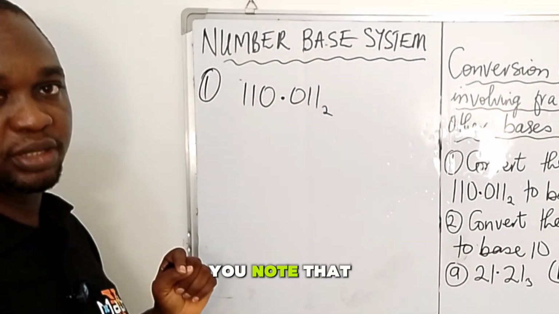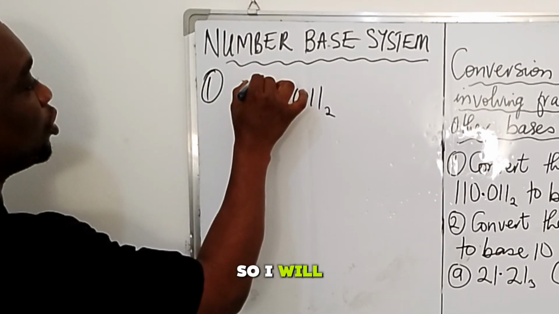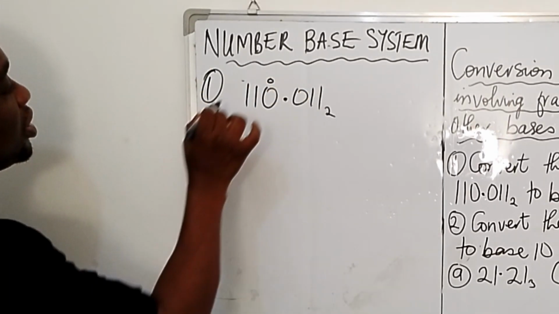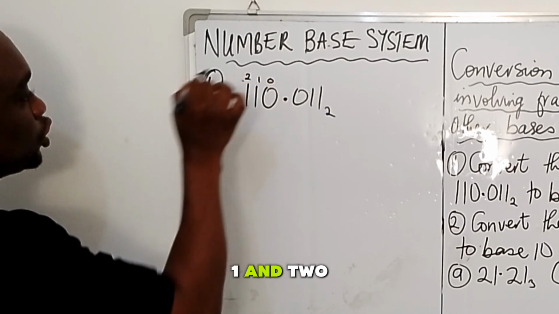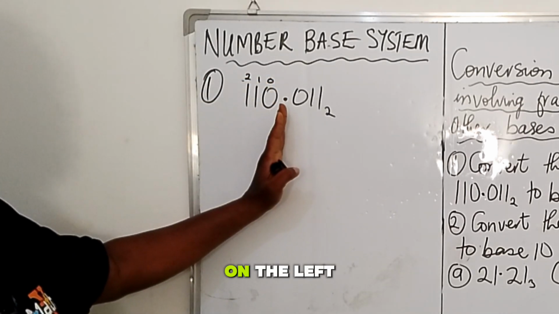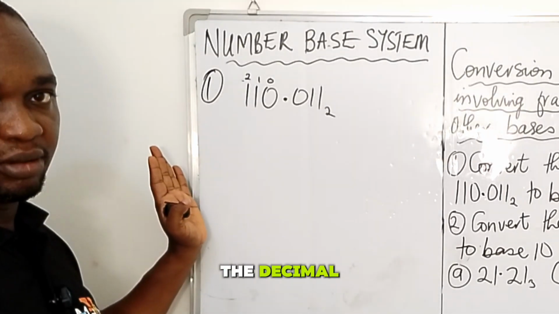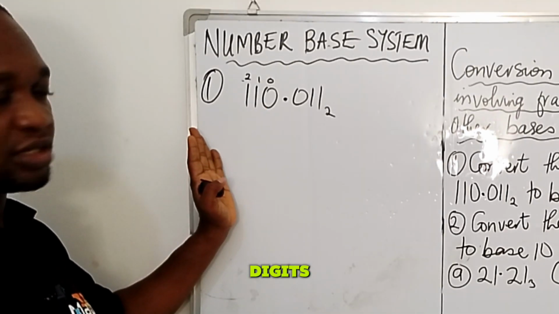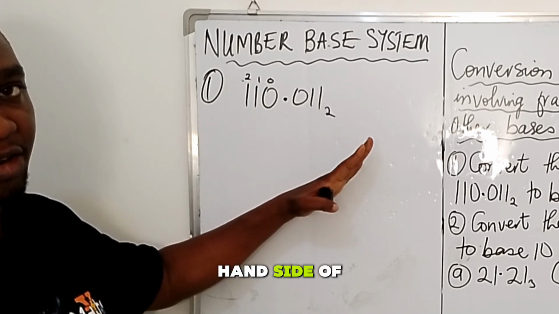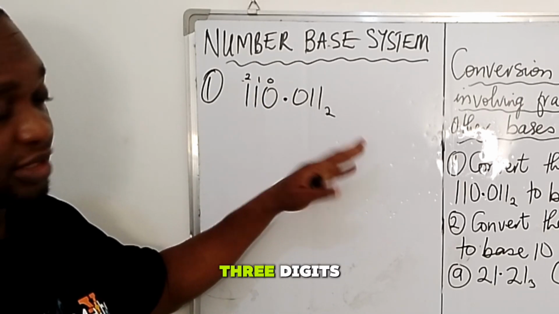I would have you note that. So I will go through our 0, 1, and 2. On the left-hand side of the decimal, we have 3 digits. And of course, on the right-hand side of the decimal, we also have 3 digits.